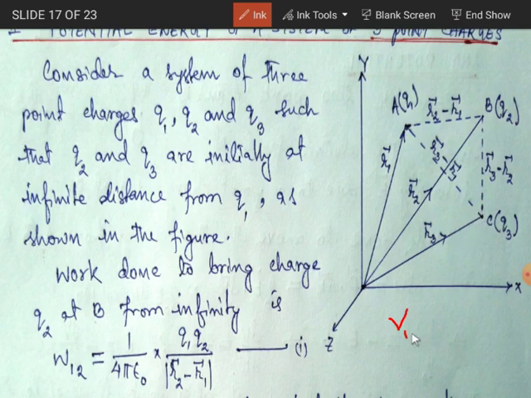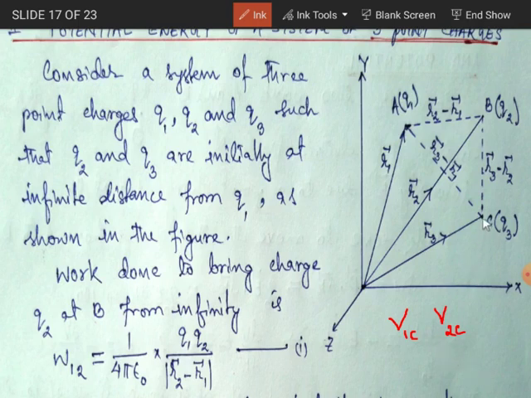So let me write it as V1C so as to make you understand. This is the electric potential due to q1 at the position C. Another, let's take it as the electric potential due to q2 at C. Okay, so there are two potentials at this point C.